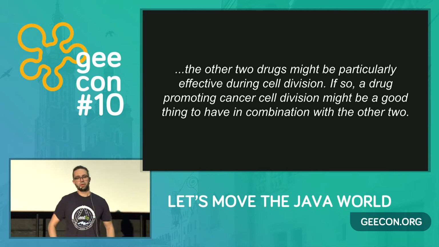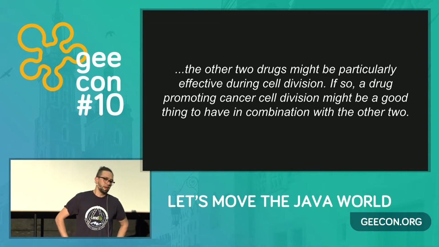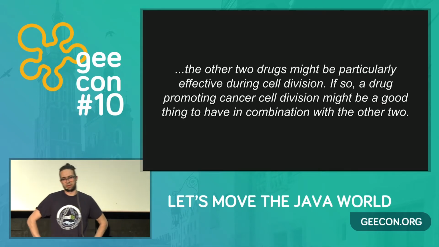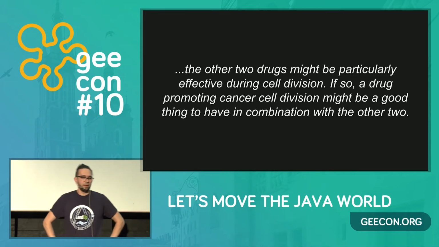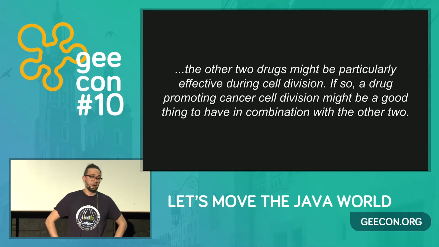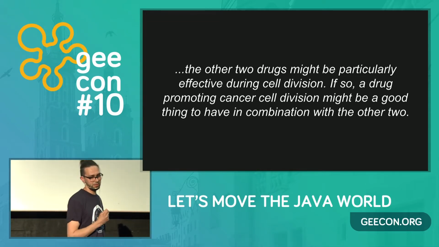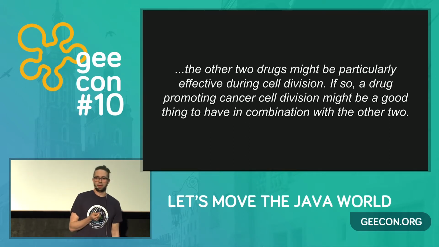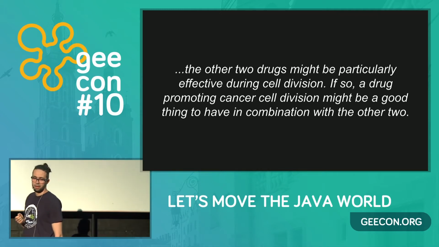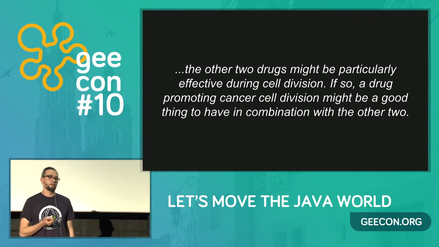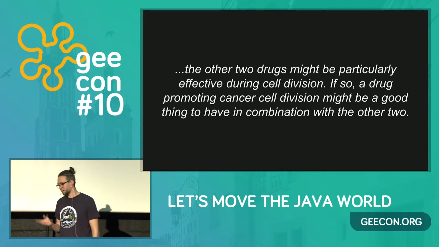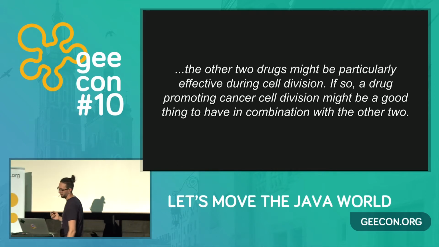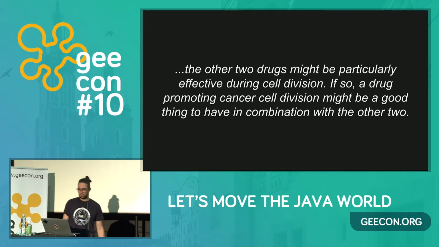They had two drugs that might be very effective for cancer cells during cell division. If you add to those two drugs a third drug that promotes cancer cell division, which is a ridiculous idea because you just speed up the cancer development, it might be a good thing to have. But if you constrain your mixtures so that they should never contain something like that, then you can say that we have over-constraint.